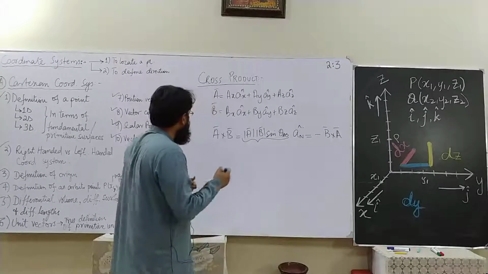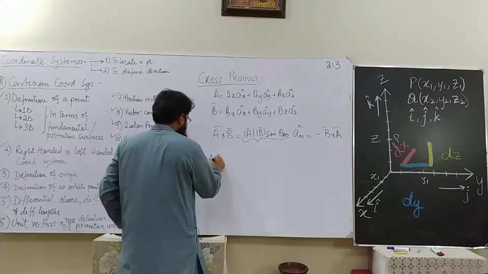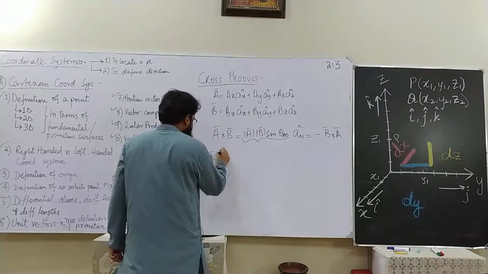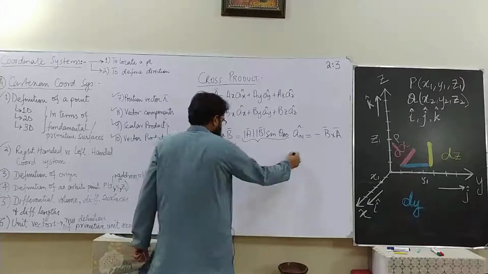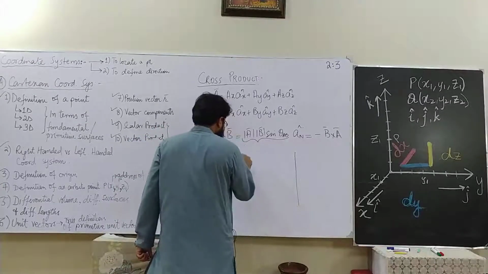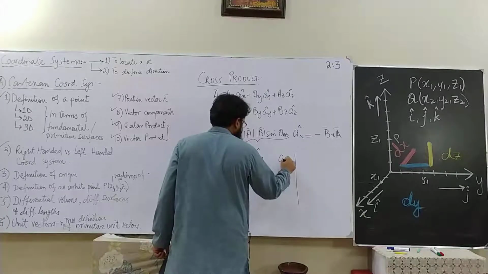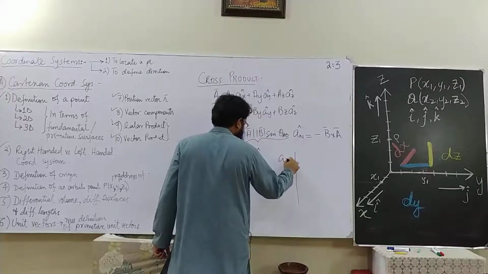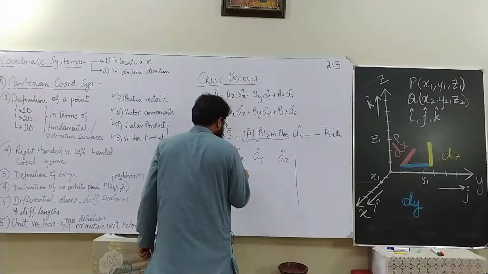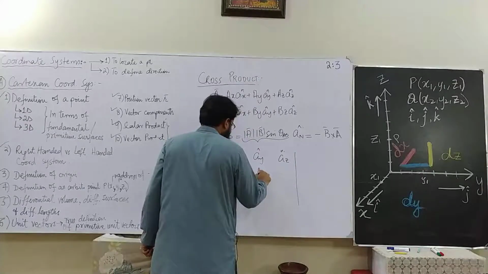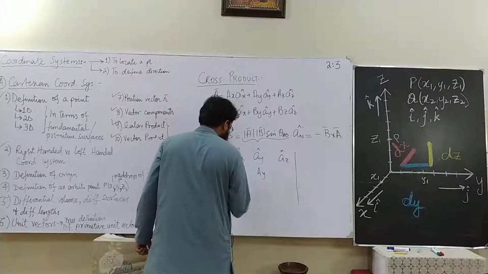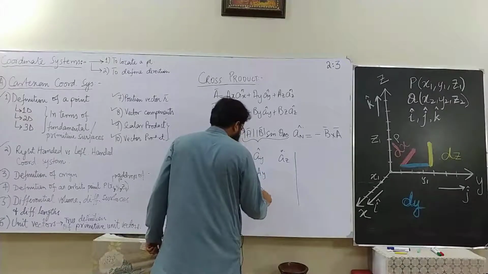Okay, so what we have, we also have a formula for that, in which we don't have to find the angle between these two, and you are all aware of that formula, which is normally given in this form.